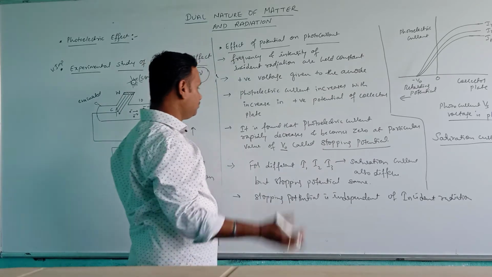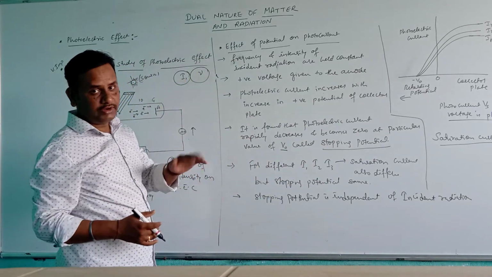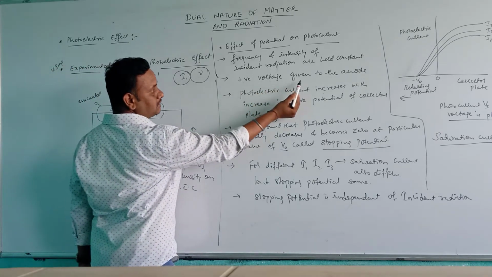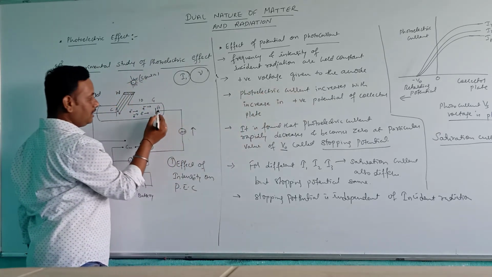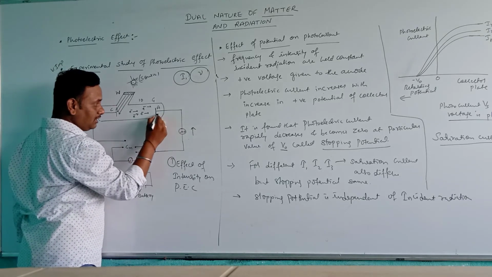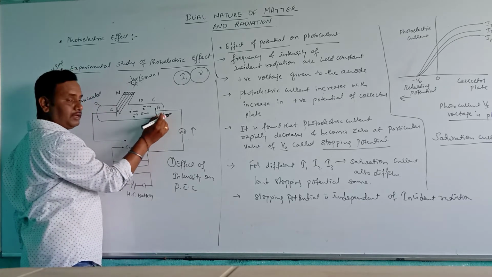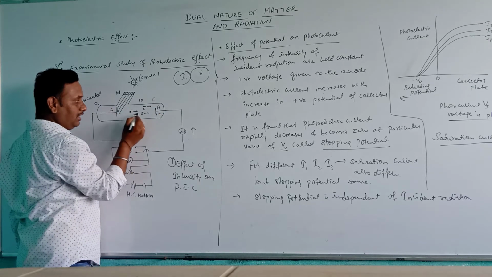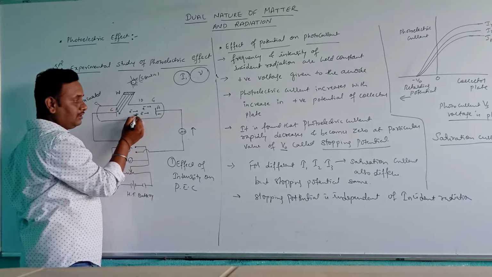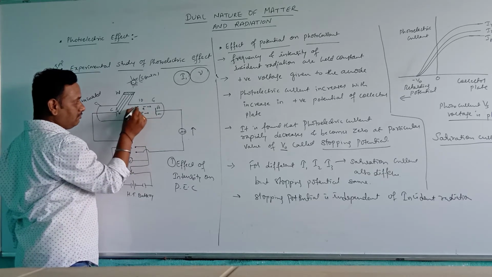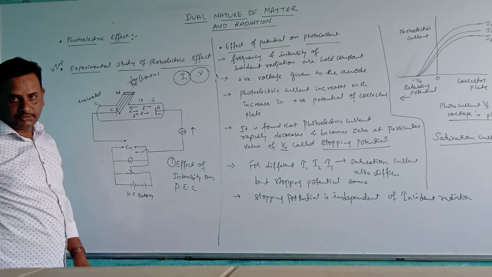Okay. Now, if I maintain a negative potential, as the negative potential is increased, now I have applied a negative potential here. These emitted electrons are negatively charged particles and this plate is also negative. So what will happen here? Because of this, there will be a large repulsion.